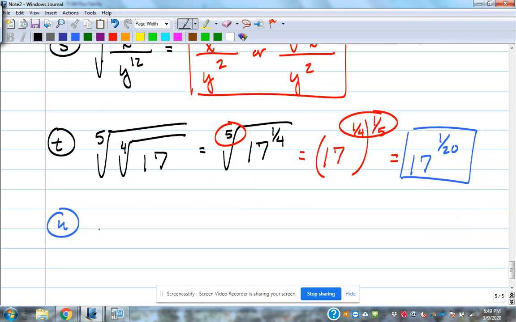Let's do 42 under there. Put a variable in there.